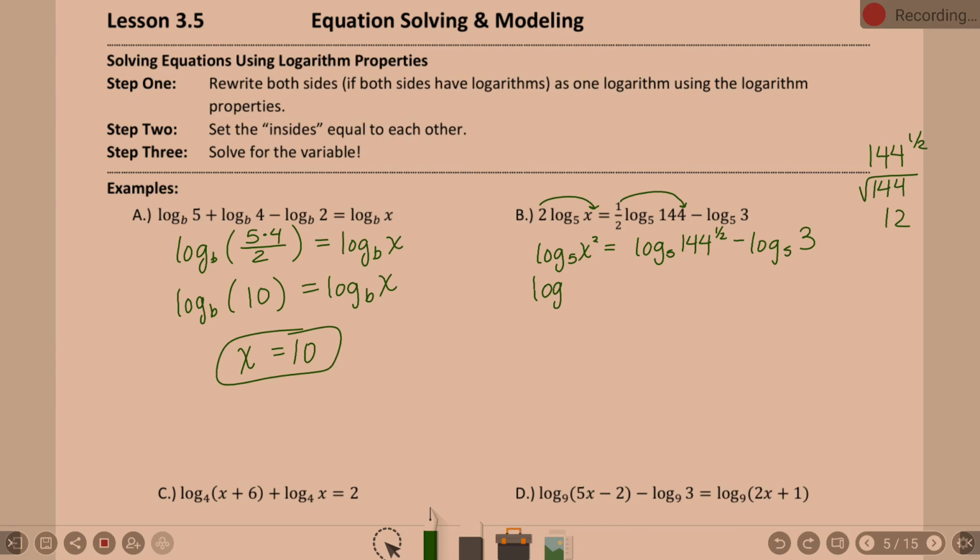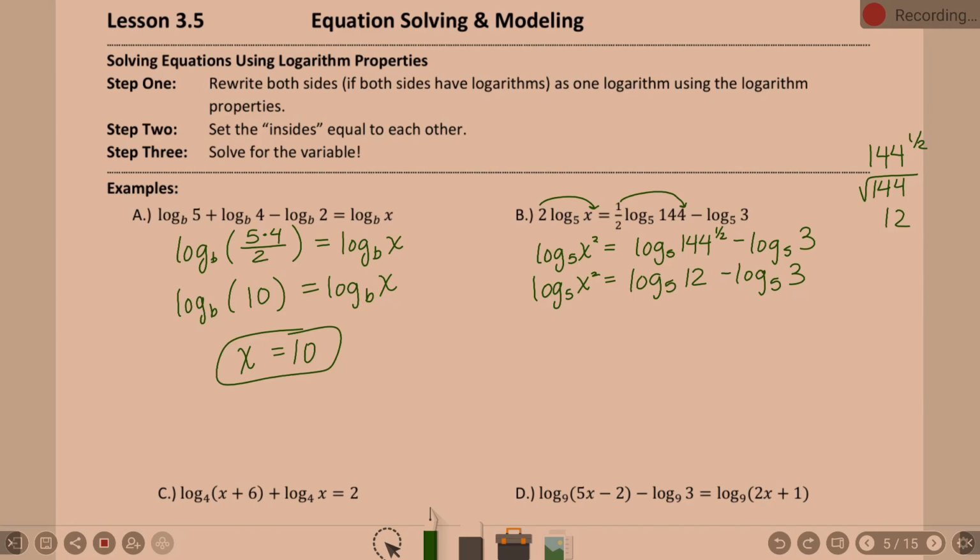So this is log base 5 of x squared equals log base 5 of 12 minus log base 5 of 3. And you can clean up some of these steps. You don't have to write all these steps that I'm writing, but okay. Now what? 12 divided by 3.